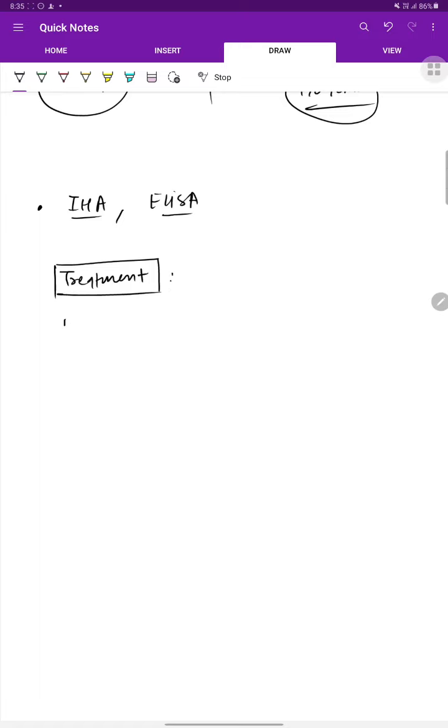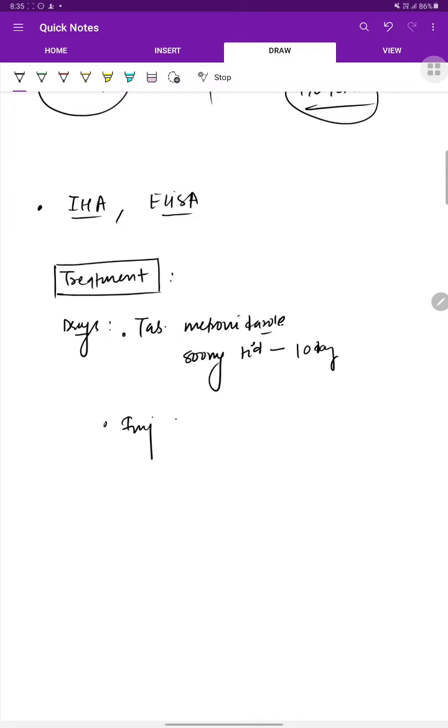with drugs. First we go for drugs: tablet metronidazole 800 mg TID for 10 days. We can also give injection metronidazole 500 mg TDS for 10 days.